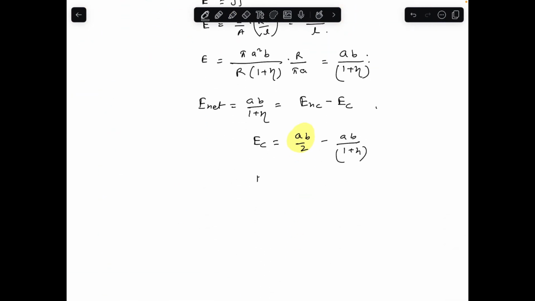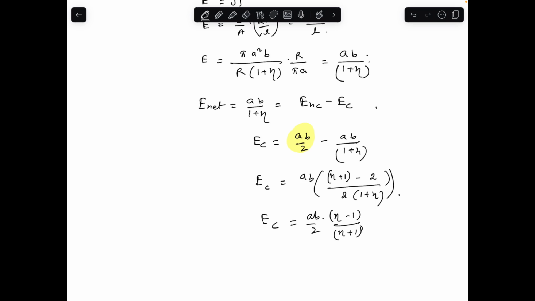So what is E conservative? From here, E conservative I am getting is equal to AB, you take common, AB by 2 times (2 minus 1 minus eta) divided by (1 plus eta)... that is, E conservative is AB by 2 times (eta minus 1) by (eta plus 1) in magnitude.